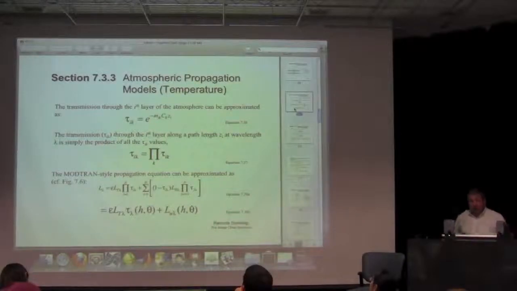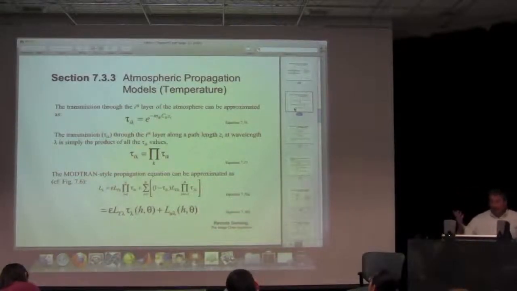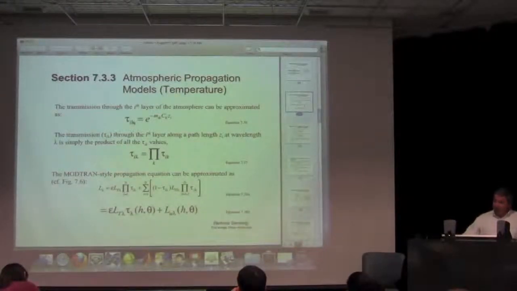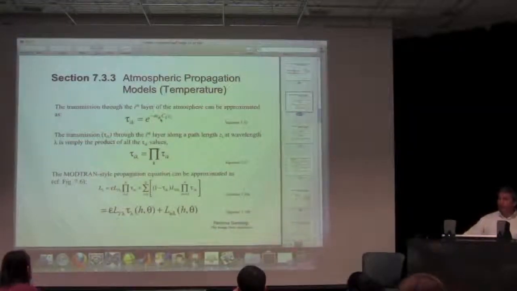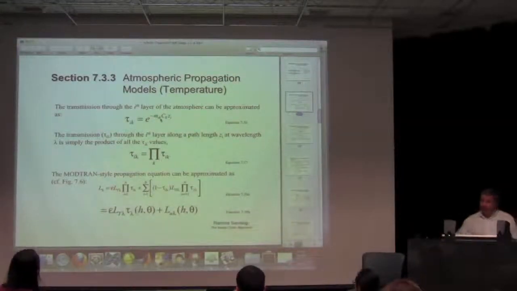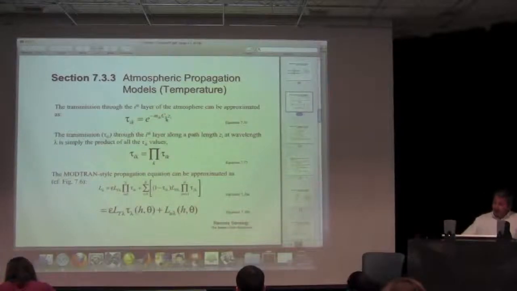All right, so the transmission through any layer of the atmosphere we know is e to the negative number density of the molecule that we're looking at. Here, k is the molecular species that we're concerned with, C is the absorption cross-section of that particular species, and z is the path length through the ith layer of the atmosphere.